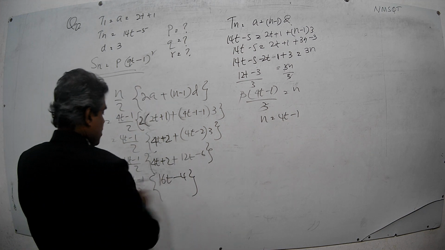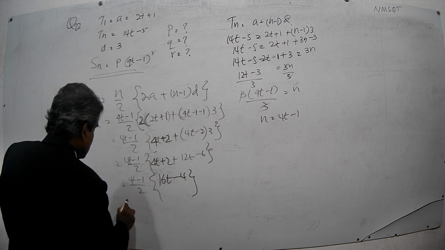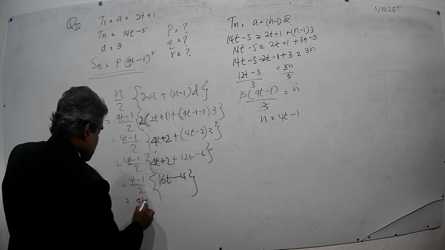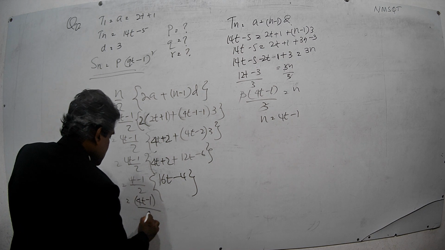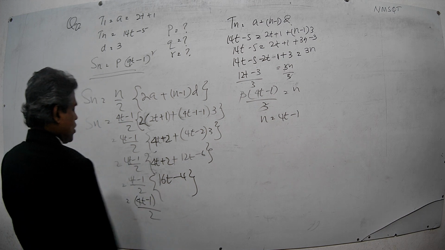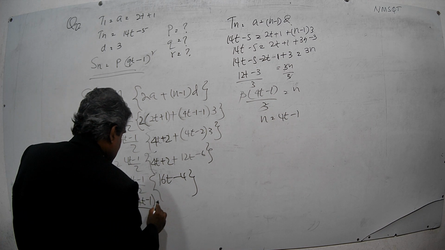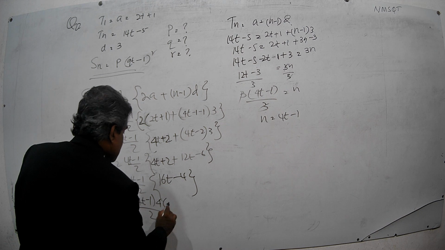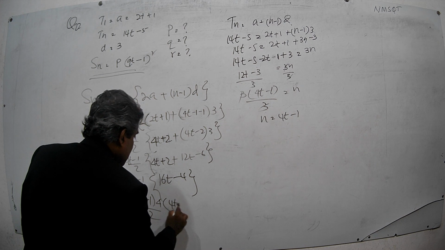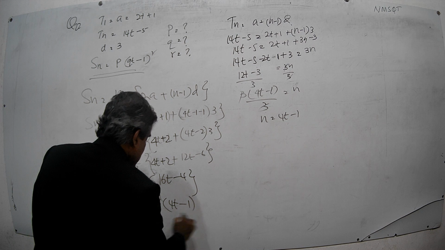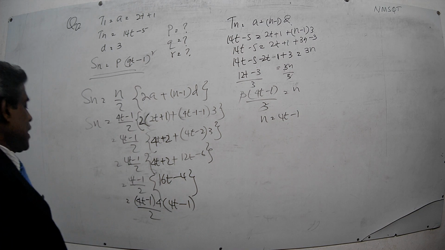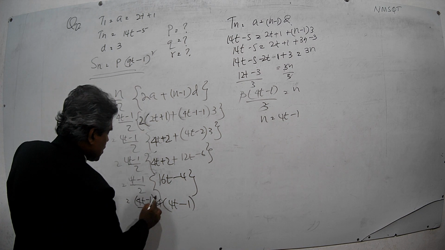Right, okay. Now what you can do is this. Now you can take the common factor out from this one. Then you get here 4t minus 1 divided by, take the common factor out for this. You can take common factor 4. Then within brackets you get 4t minus 1. Okay. Then you can cancel this 2 and this 2.